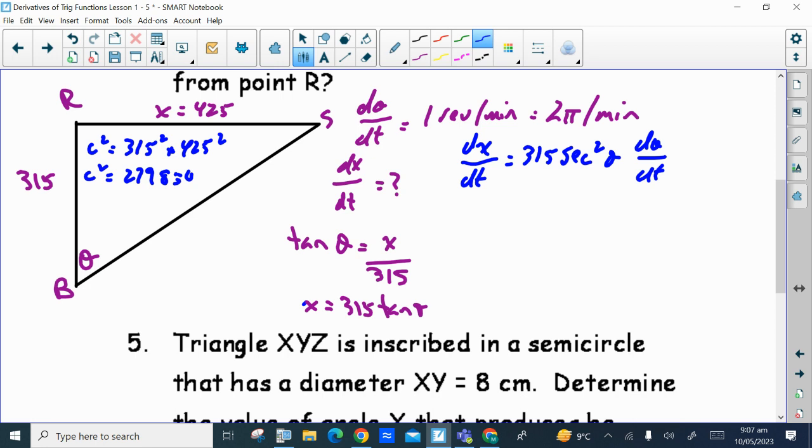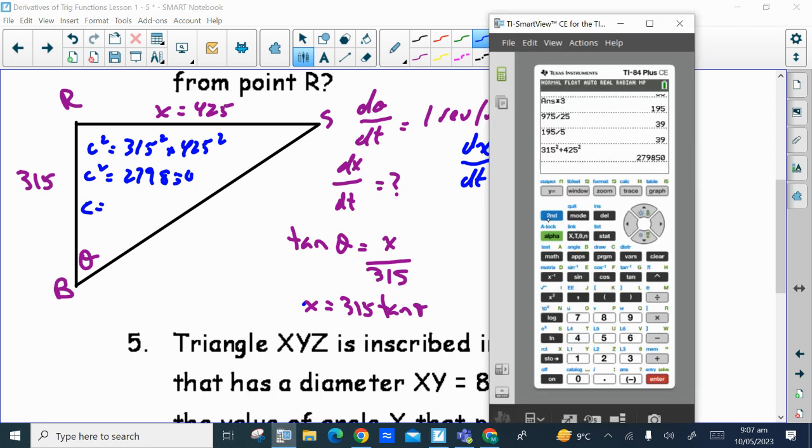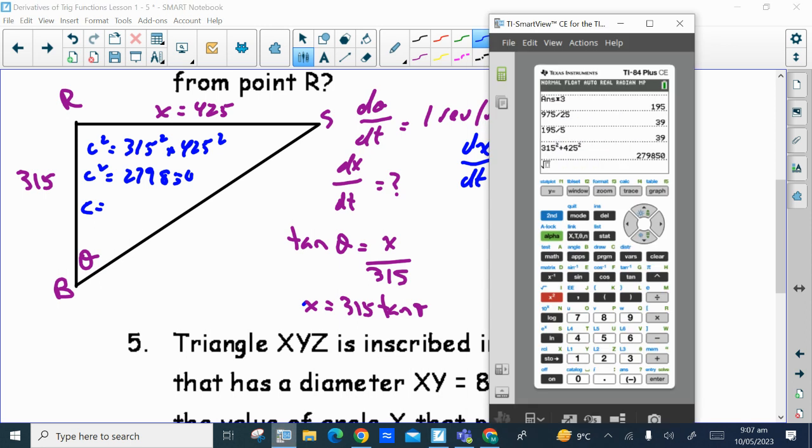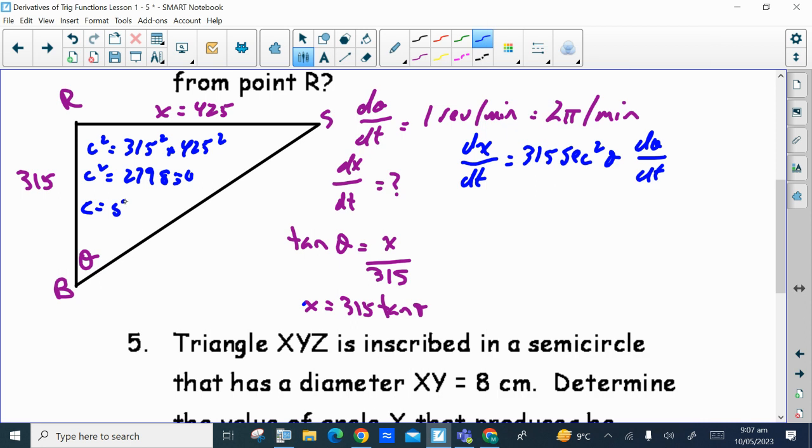And then c will be the root of that. Try that again. So approximately 529. That's an approximate, so I will keep that in my calculator.